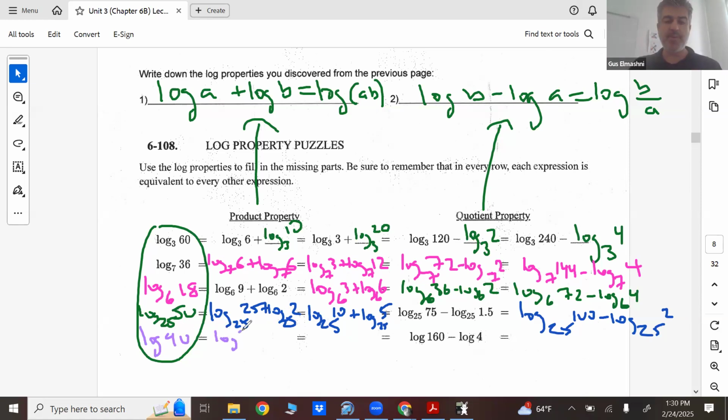We'll go with both those. 4 and 10. And 80 and 2 we would divide. So okay, all good? Cool. Okay.